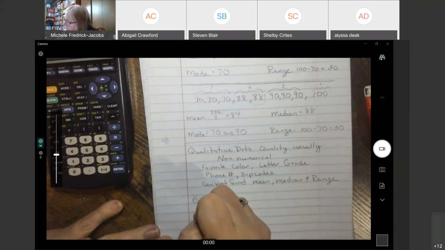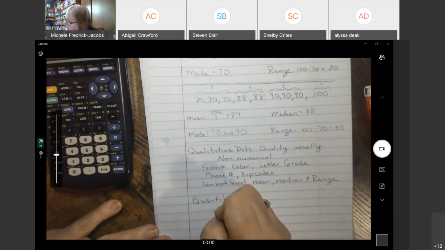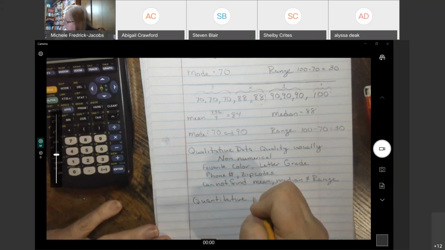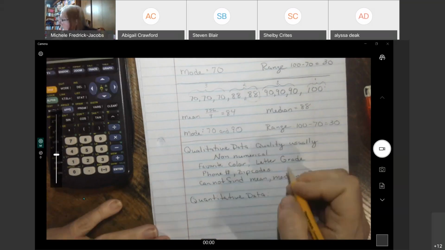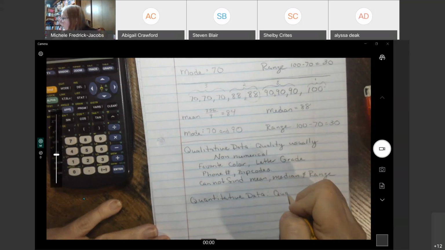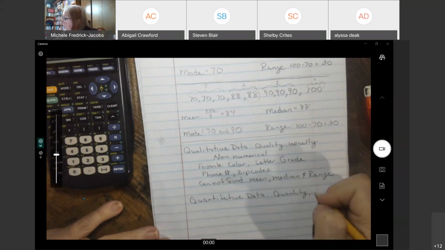Numerical data is called quantitative. The quantity or numerical value.